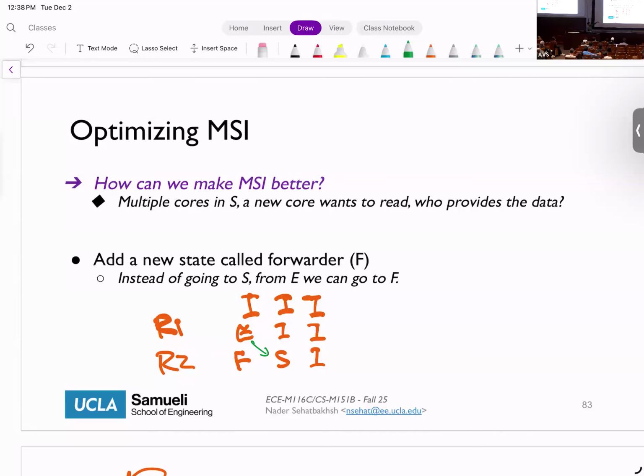So this is a cache-to-cache transfer rather than core 2 going to the main memory to read it. And this continues. If R3 tries to read, again it will be a forwarding from core number 1 to core number 3. So this is forwarding logic, and it happens all the time. Whoever has the data initially is the one who forwards the data.